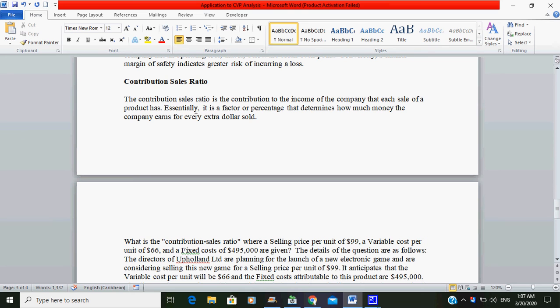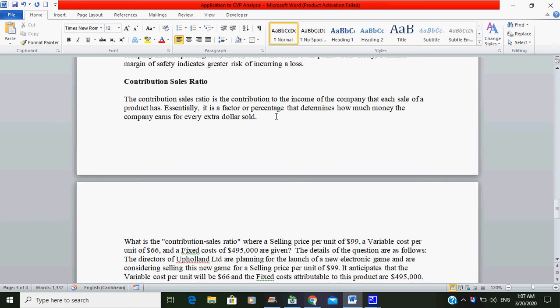The contribution sales ratio is the contribution to the income of the company that each sale of a product has. So how much does each sale contribute to the company's income?